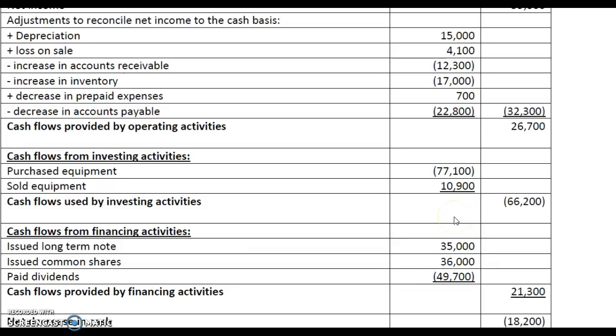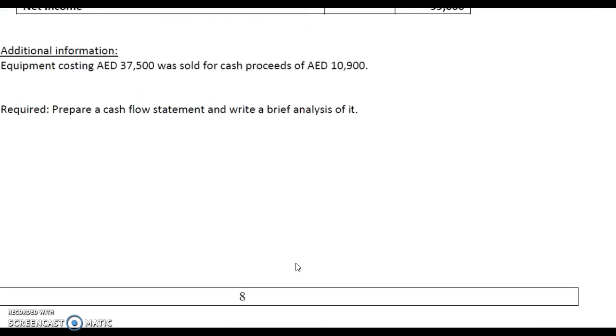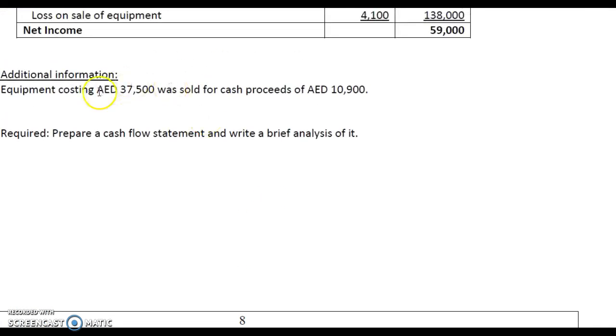Alright, picking up from where I left, cash flows from investing activities. Under this heading, we look for any purchase or sale of equipment. The question gives you additional information that equipment costing 37,500 was sold for cash proceeds of 10,900.